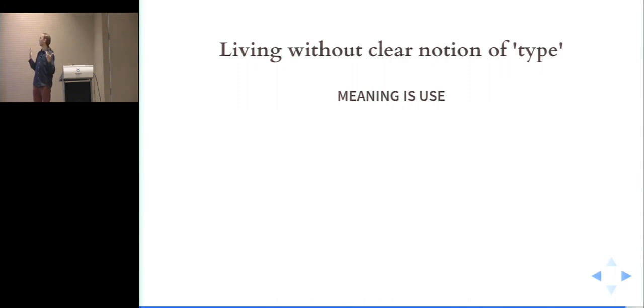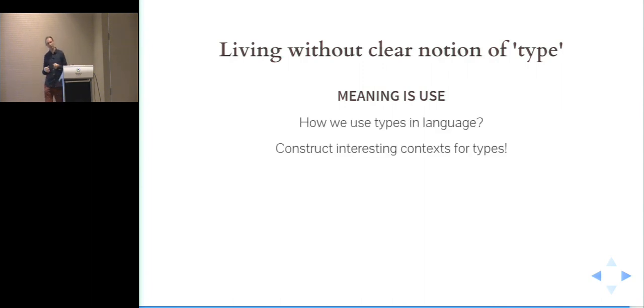So the one idea is it's interesting to look at what we actually do with types. So when we are using types, let's have a look at not what the types really are, but what are we doing with them. The first statement here is kind of ambiguous.